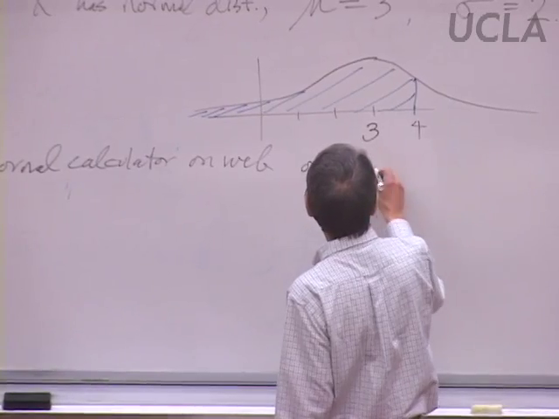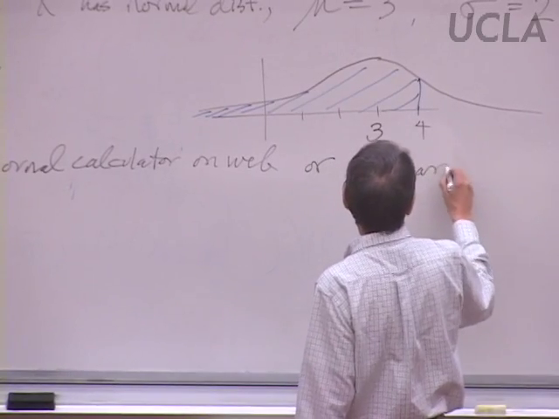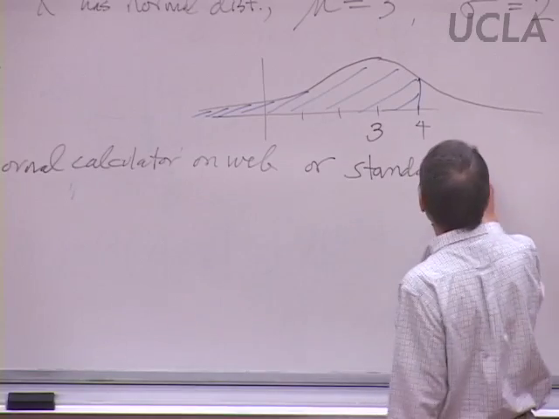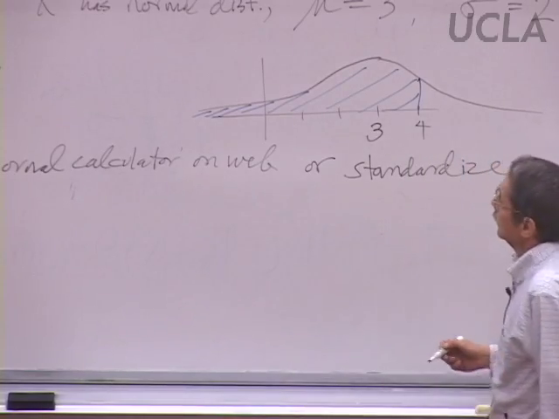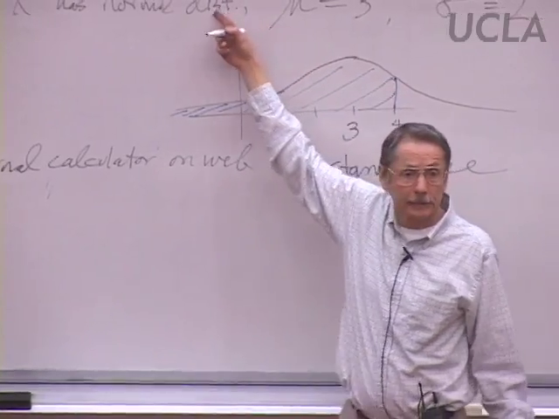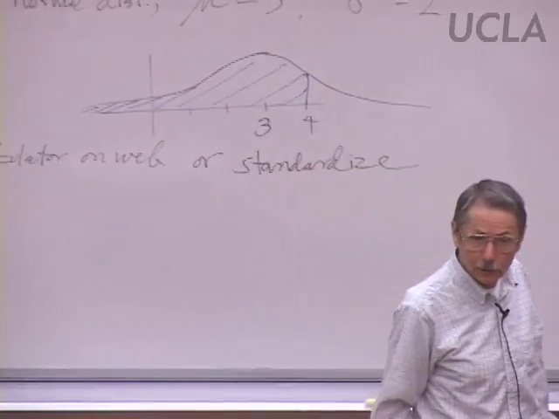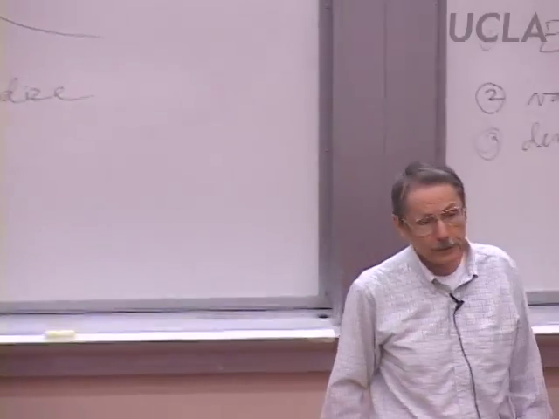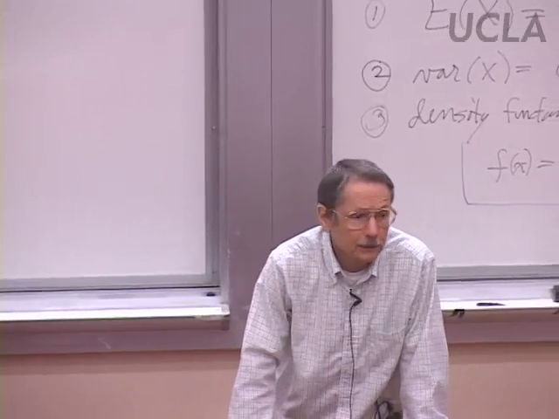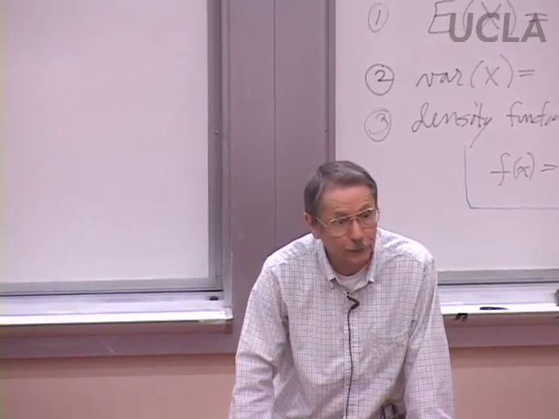And the first thing we have to do is to standardize the problem. Convert it from x to z. That is, we have to convert the problem to something with the standard normal distribution because our table is for the standard one, not for x.